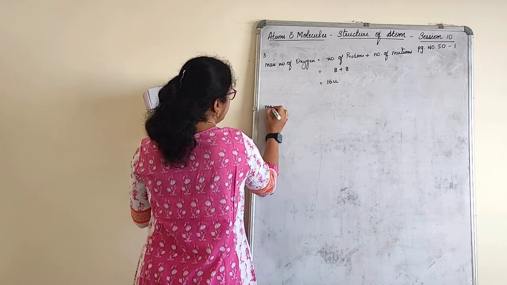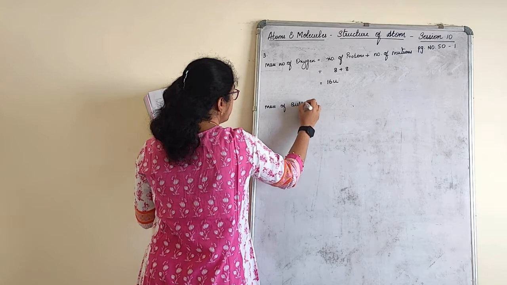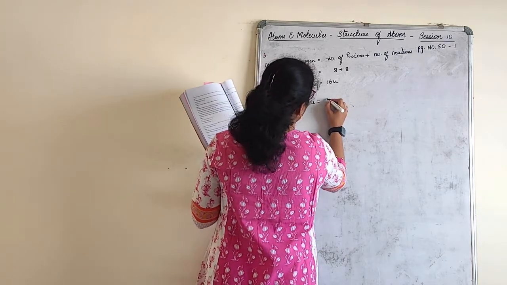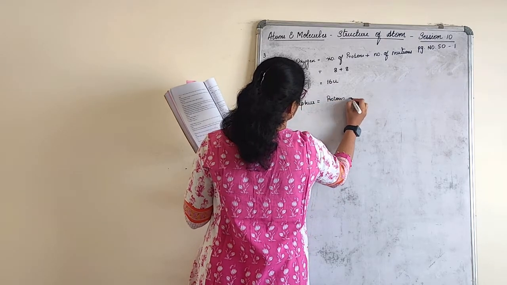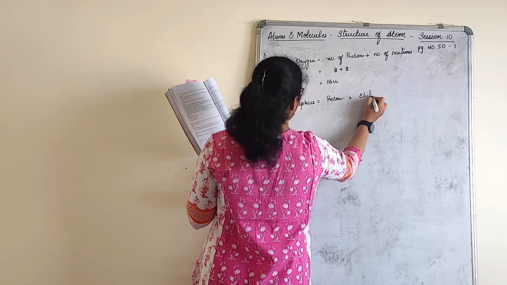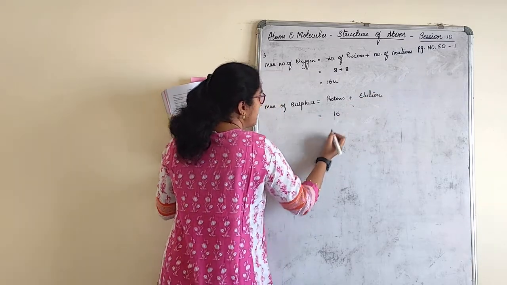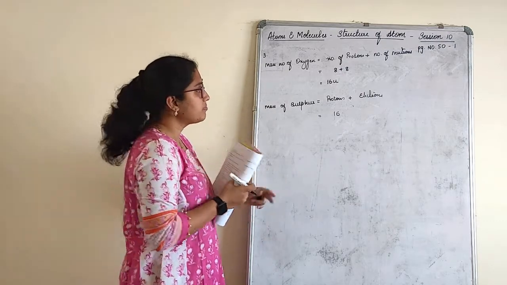Next, what they have given? Mass of sulfur. So again, number of protons plus neutrons. Number of protons are, at least you should know number of electrons. Atomic number should be known to you children.